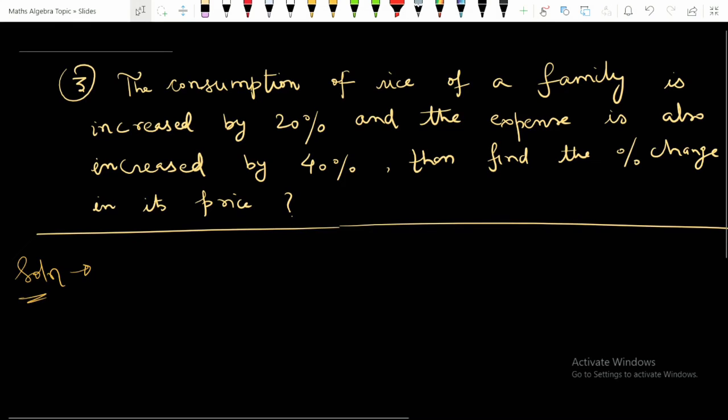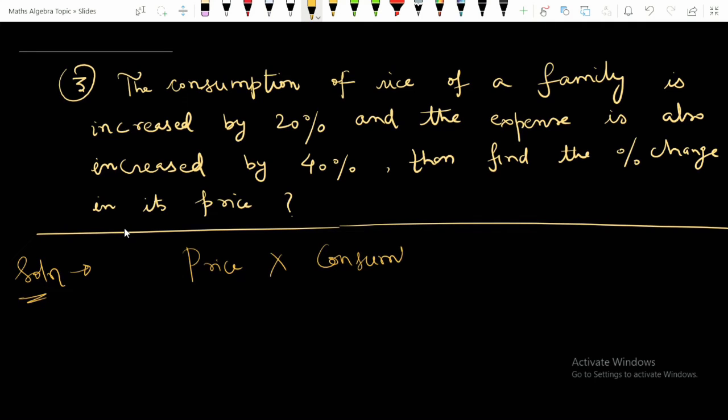The consumption of rice of a family is increased by 20% and the expense is also increased by 40%. Find the percentage change in its price. This is based on consumption, price and expenses. So we know that price into consumption equals expenditure.